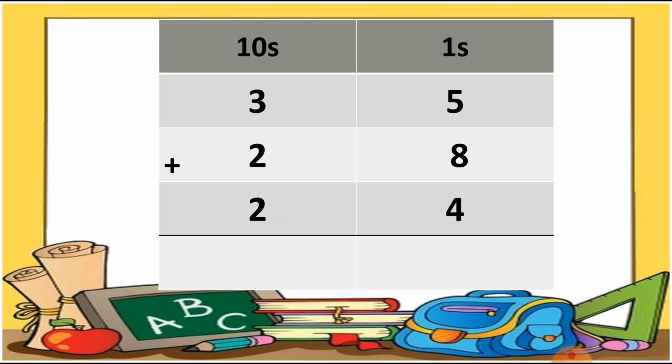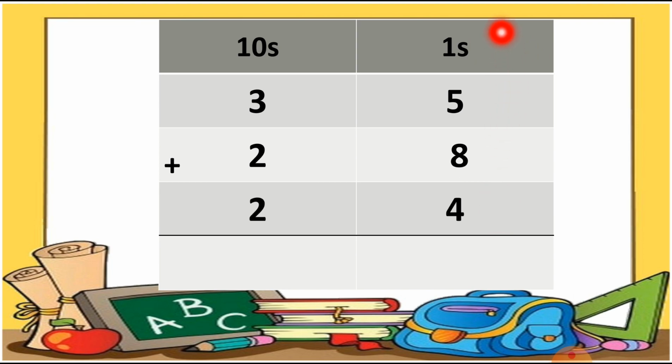So students, as I always give you examples of every topic, here I am also giving you examples of this topic. Now, I told you before that always start adding numbers from the right side, with the ones column. You can see here, this is the ones column.